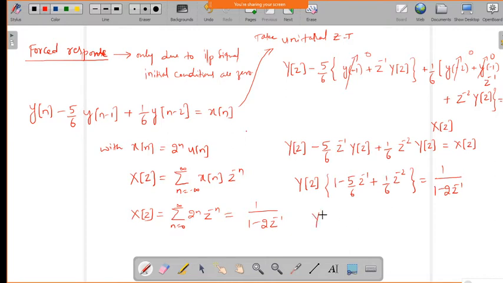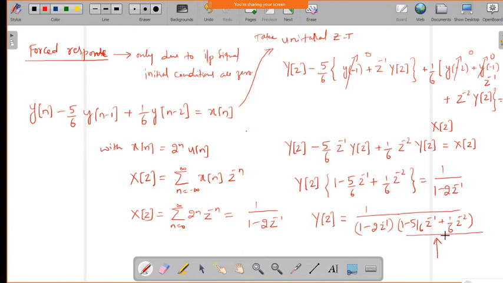So what is y of z? Y of z equals 1 over 1 minus 2 z inverse into 1 minus 5 by 6 z inverse plus 1 by 6 z power minus 2. Now find the roots of this.